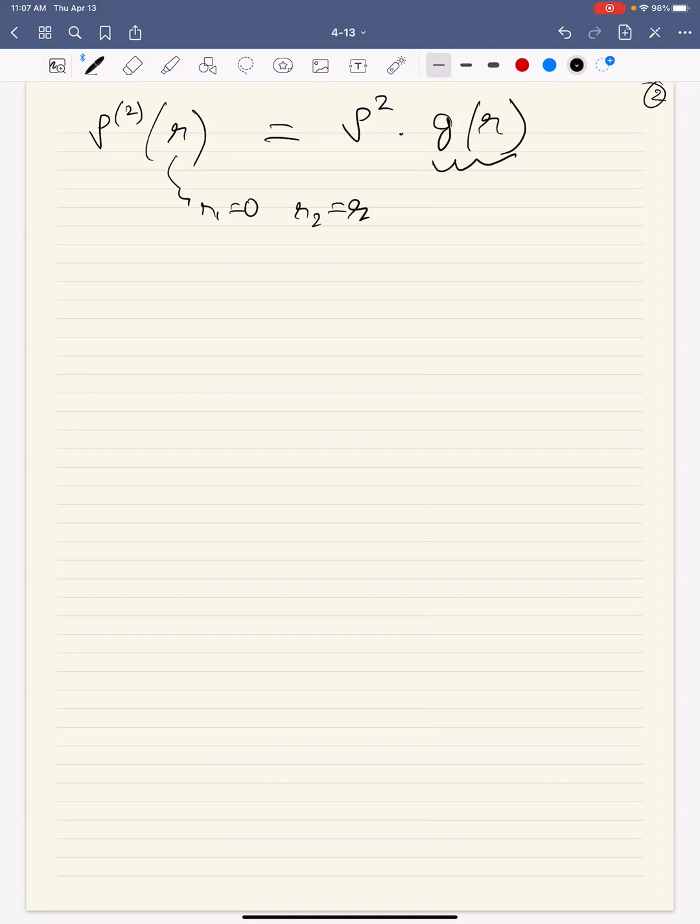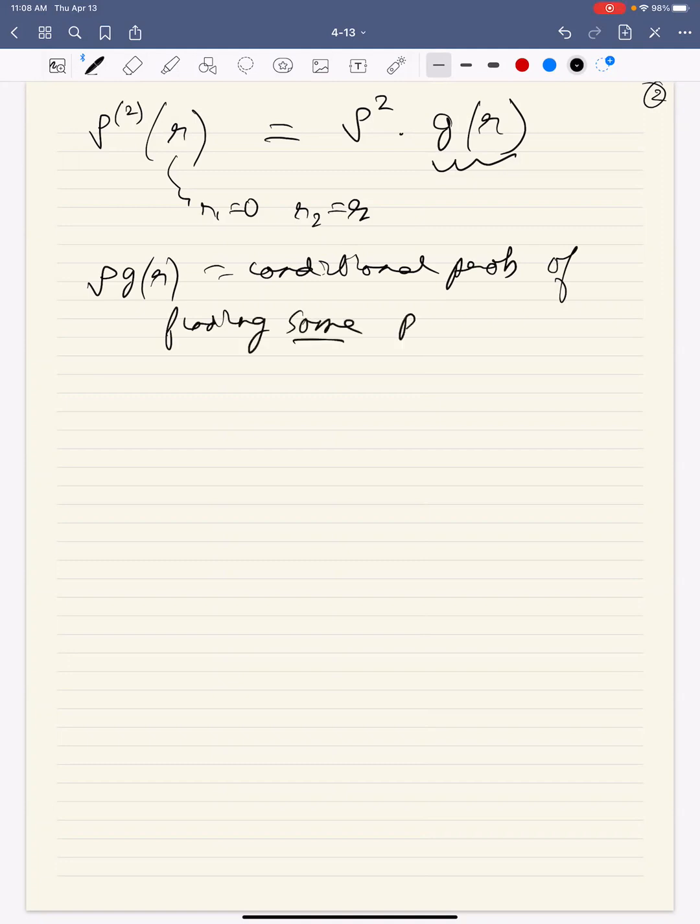We sketched it and we looked at rho G of R as the conditional probability of finding some particle, and we are not labeling the particles here, some particle at distance R from another particle.